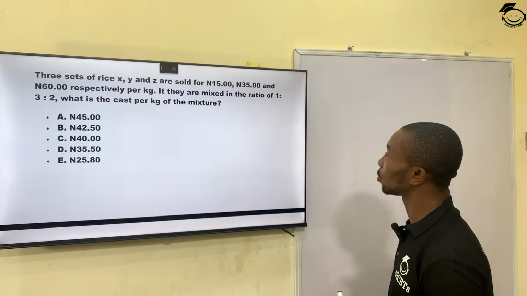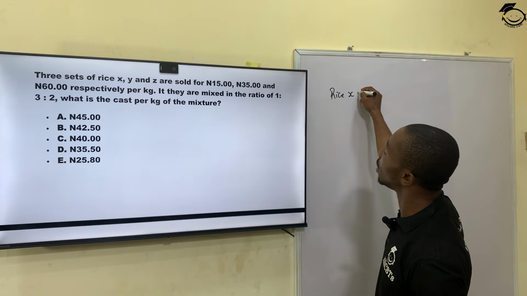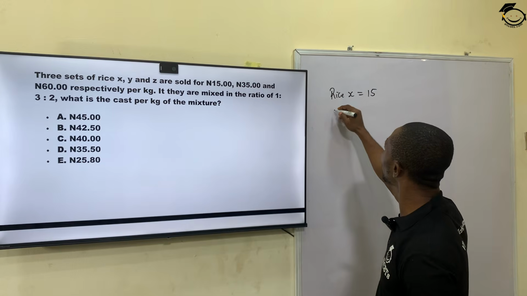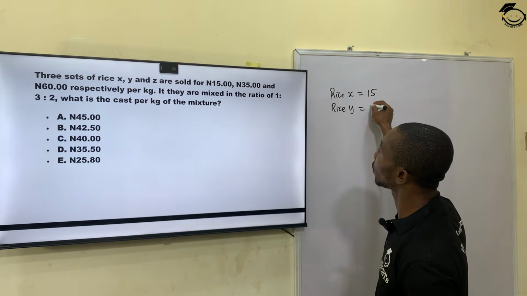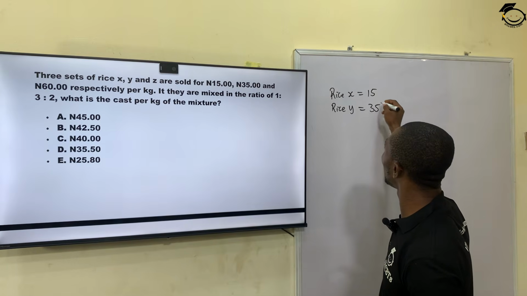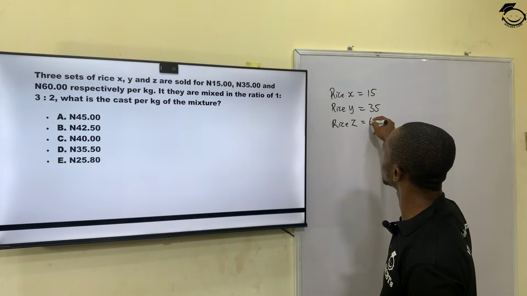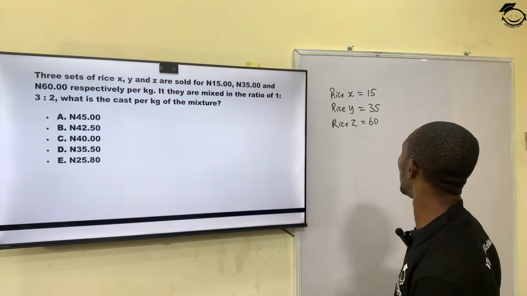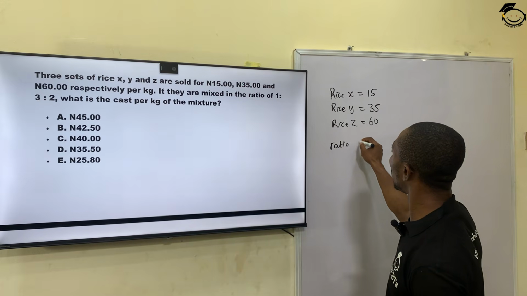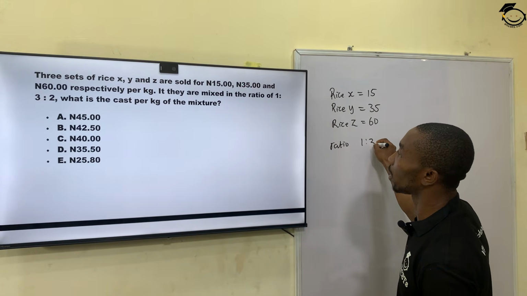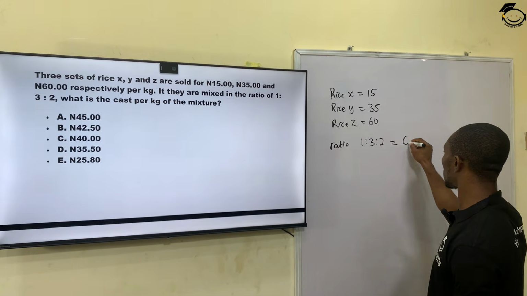Now, in order to get this, our rice X was sold for 15 naira, rice Y was sold for 35 naira, and rice Z was sold for 60 naira per kg. Their ratio is 1 is to 3 is to 2. Now, our total ratio will be 6.